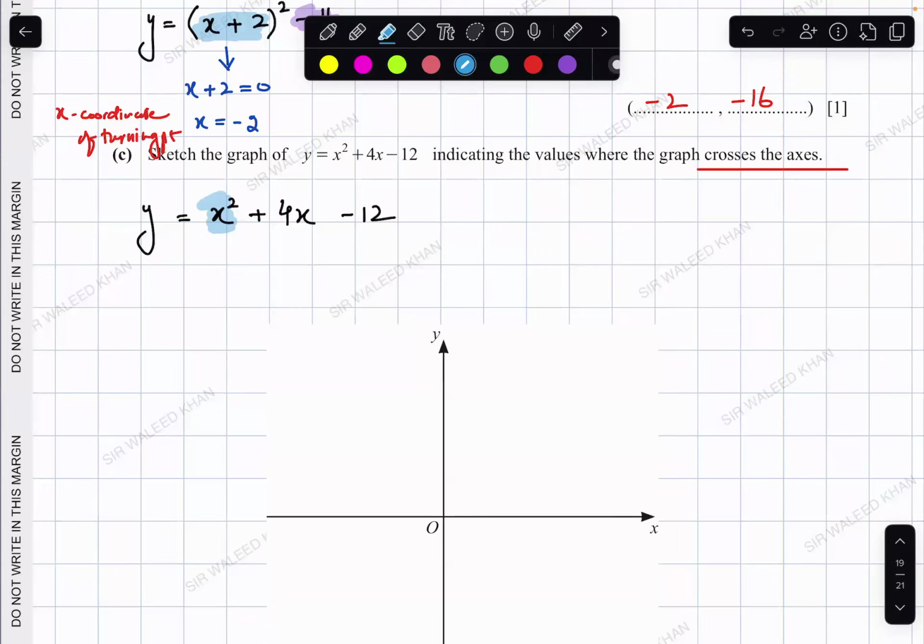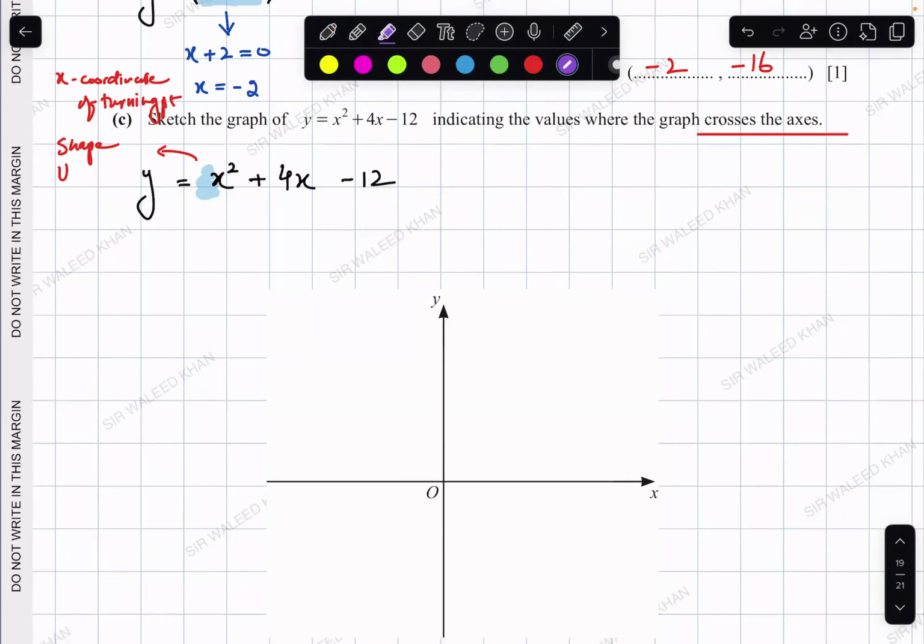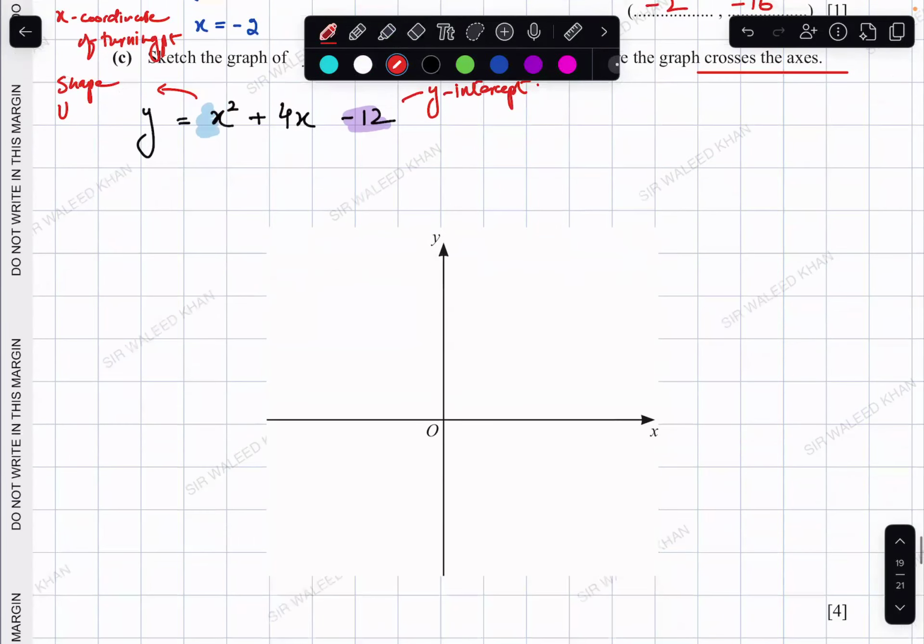If the coefficient of x square is positive, the shape is a U shape, like this, left to right, upwards. And this over here will determine the y-intercept. Then for the x-axis, we call that the roots.